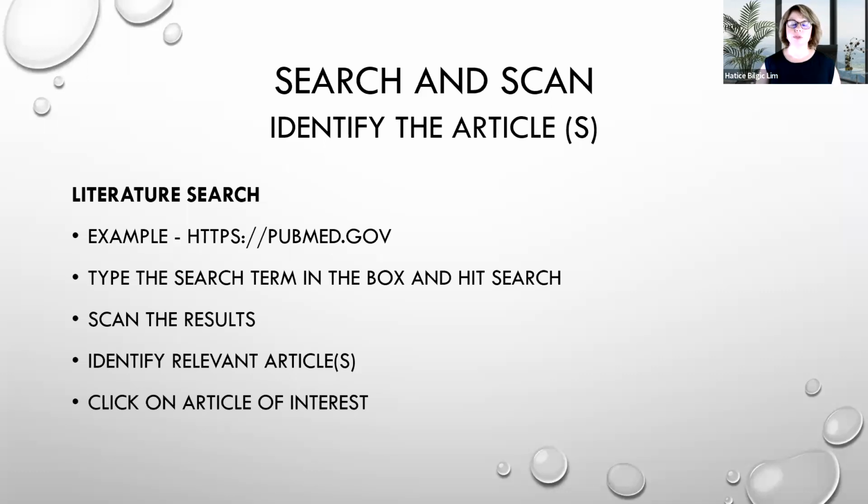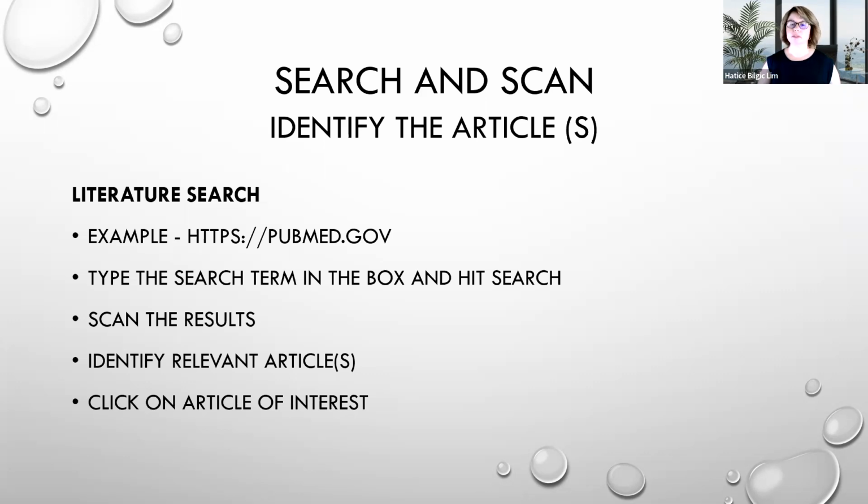The first thing to do is usually to go to a database. Usually, those databases house articles related to your focus area. In this example, we will use a public database. This is well known in healthcare fields. It is called PubMed. You might have heard of it.